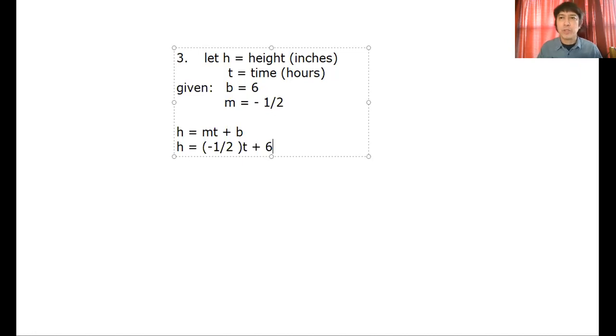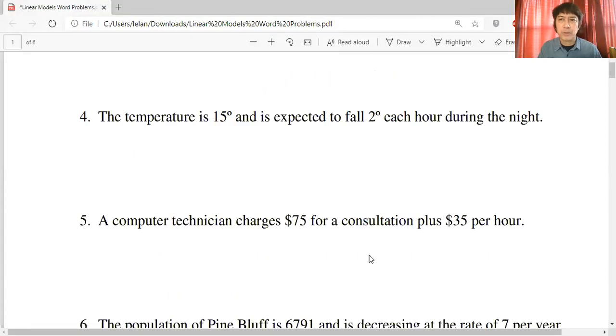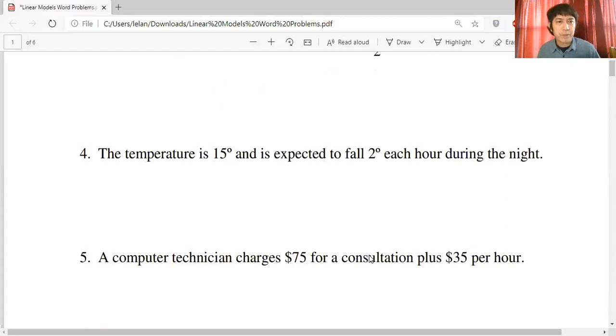Okay, so we shall do the fourth. Let's do the fourth number, and let's see the problem set again. Okay, here's number 4. It's something to do about temperature. So number 4, the temperature is 15 degrees and is expected to fall 2 degrees each hour during the night.